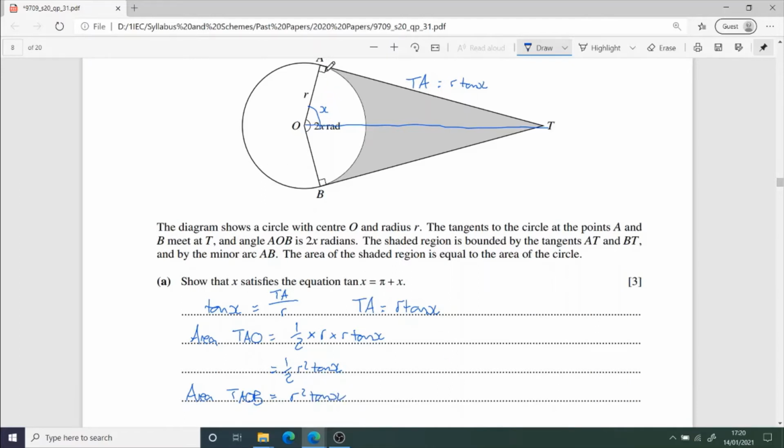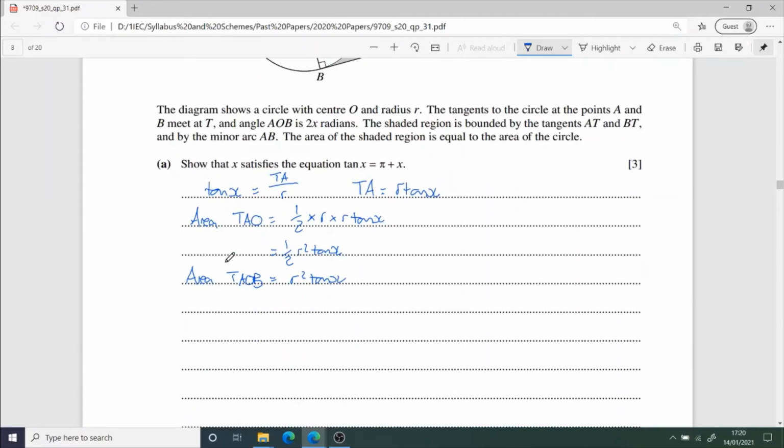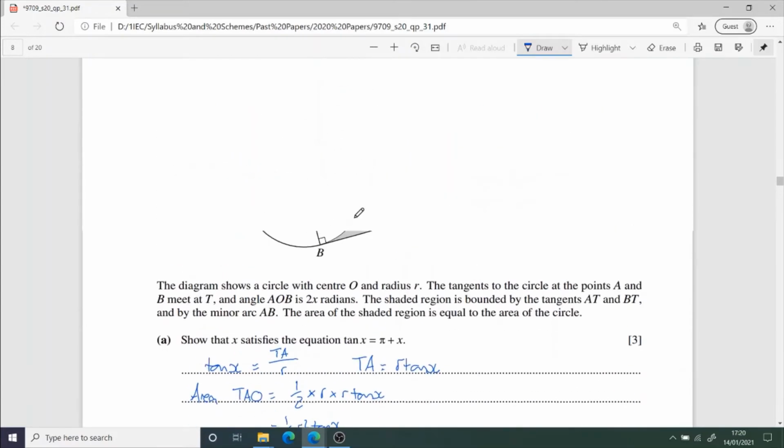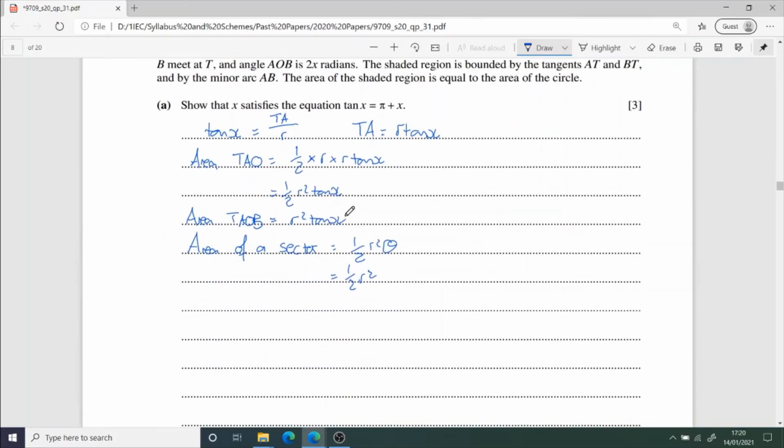For the shaded area, we're going to have to subtract this sector here. The area of a sector, it's in your formula book, but hopefully you remember it is a half r squared theta, so a half r squared, and in this case our theta is 2x.